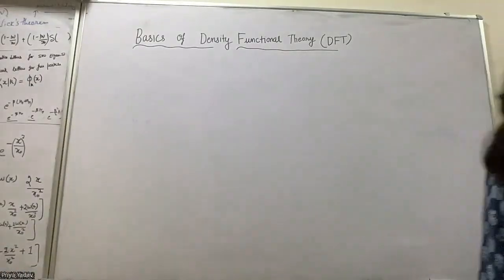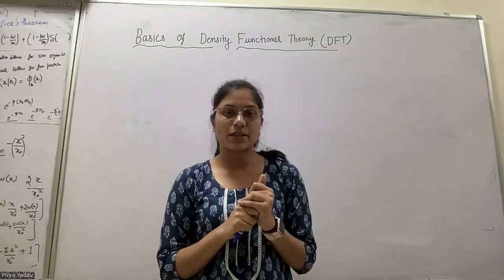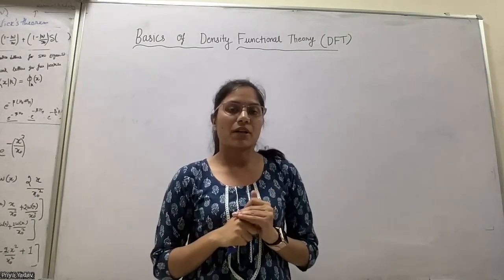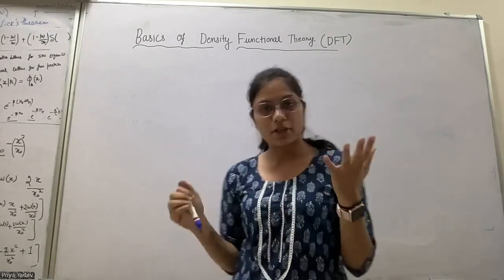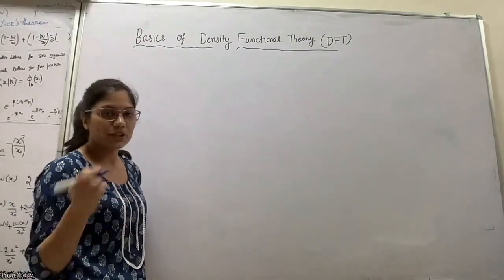Now we know the conditions for electron density: if it follows these three conditions, we can take it. But how do we find the electron density? It is similar to quantum mechanics, that is, by variational minimization.